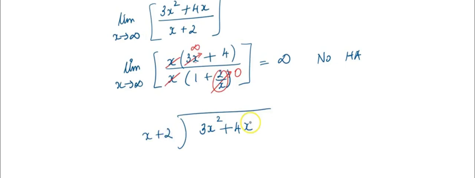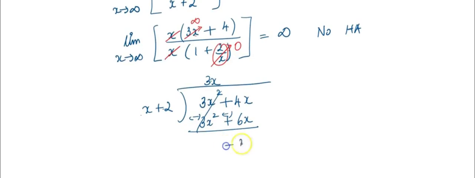So the long division really helps you. We get 3x. Multiply that: that's going to be 3x squared plus 3 times 2, 6x. Subtract. That's going to be minus 2x. So that's going to be minus 2. That will be minus 2x minus 4.